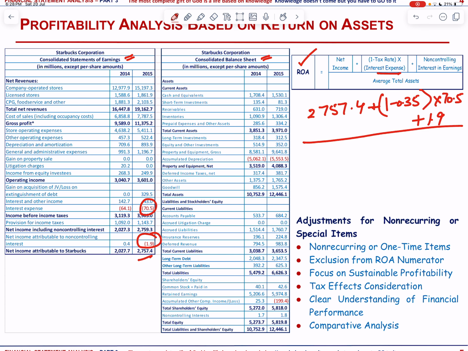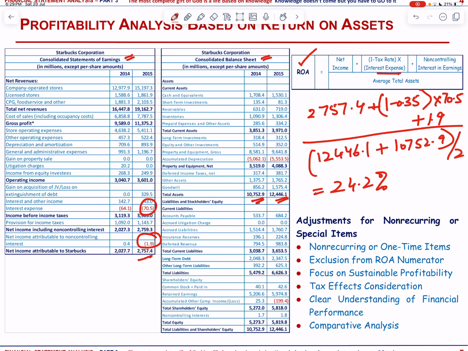So the total assets for 2015 is 12,446.1 plus 10,752.9, divided by 2. So this will be equal to 24.2%.